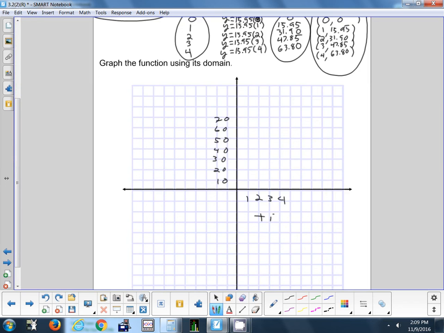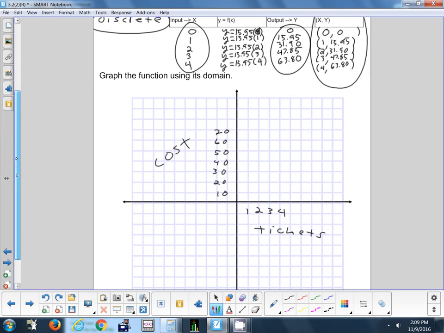So this is tickets that you buy. And then this is cost. Okay, somebody tell me quickly, how much is 0 tickets? $0. 1 ticket? About $15.95, so we'll just estimate it. 2 tickets? 31.90.